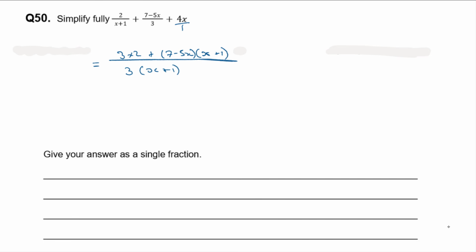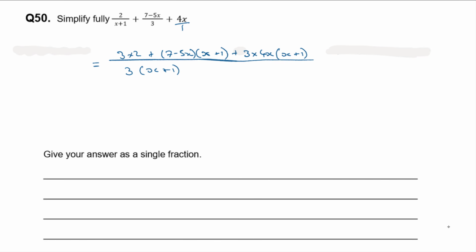And then 1 goes into 3 lots of x plus 1 three times, so I'm going to get plus 3 times 4x lots of x plus 1. Okay, I'll tidy that up in a second.